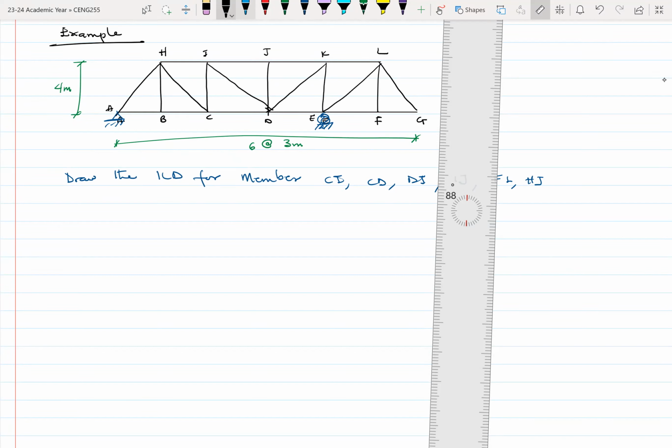And this will state that the load moves or travels on the bottom chord. Okay.